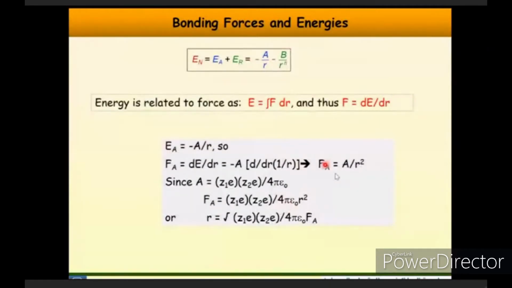Force of attraction is nothing but A over R square. And I said last time that under the equilibrium condition, when force of attraction is equal to force of repulsion, then if you calculate force of attraction, force of repulsion is automatically calculated, because force of attraction will be equal to force of repulsion with the opposite sign.